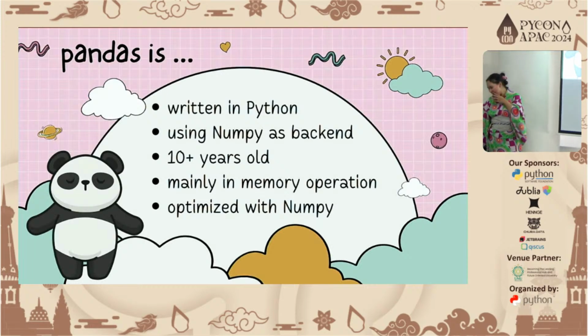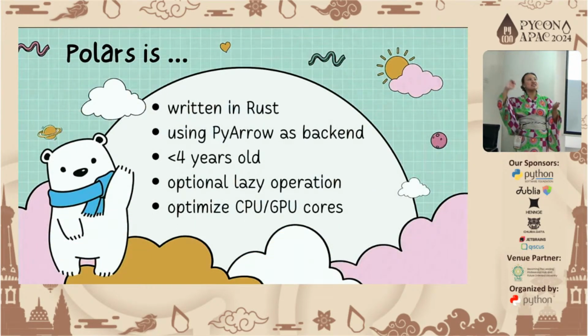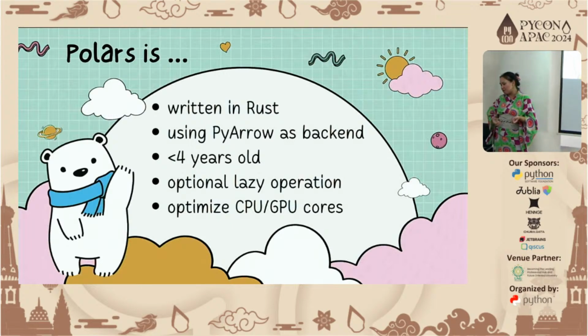Let's look at our shiny friend, Polars. Yay! Okay, so Polars is actually, like I said, written in Rust. So there are some benefits of that. I already explained a little bit before. It uses PyArrow as a backend, which is considered a better way to handle data. But it's a very new project.